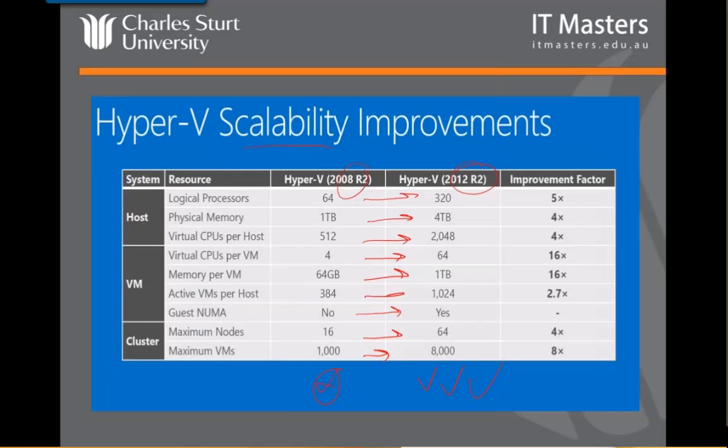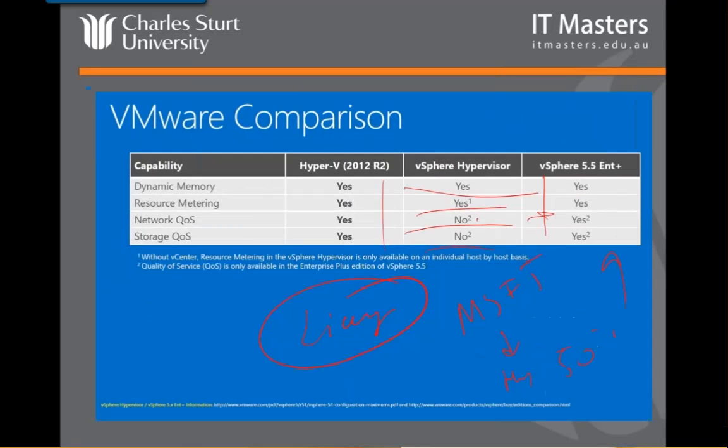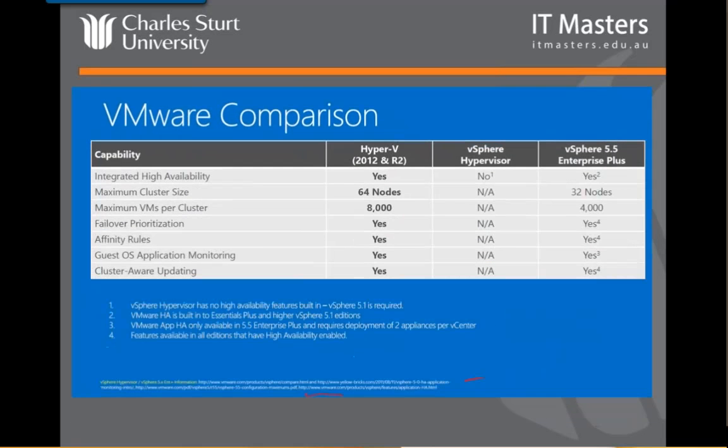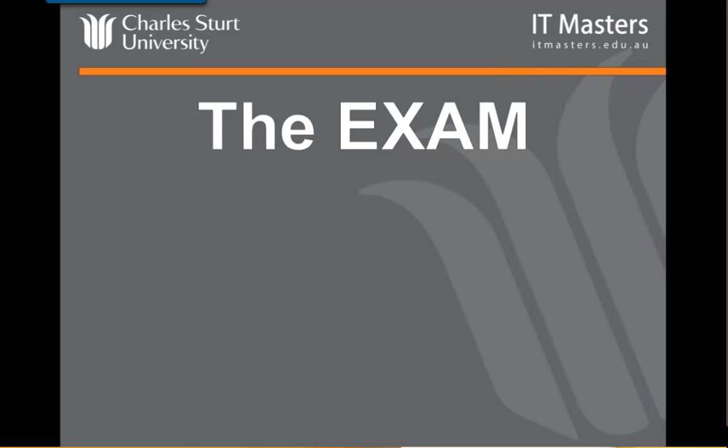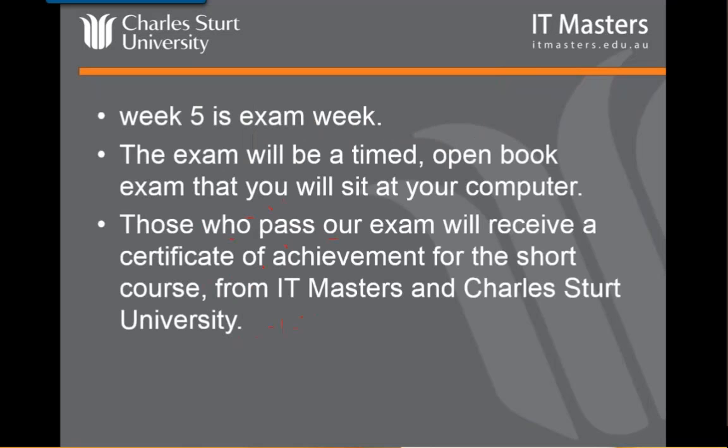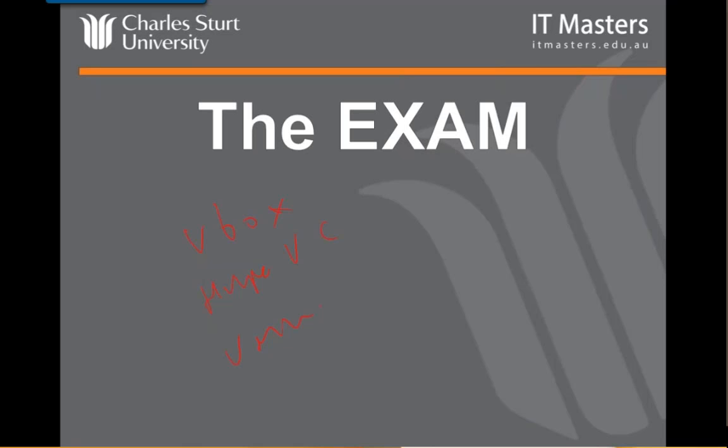Just a bit earlier, there was a slide comparing Microsoft and VMware, and Ujit has asked, what about VirtualBox? VirtualBox is not an enterprise solution. We can compare VirtualBox with Hyper-V client or VMware Workstation. In this case, licensing is important.